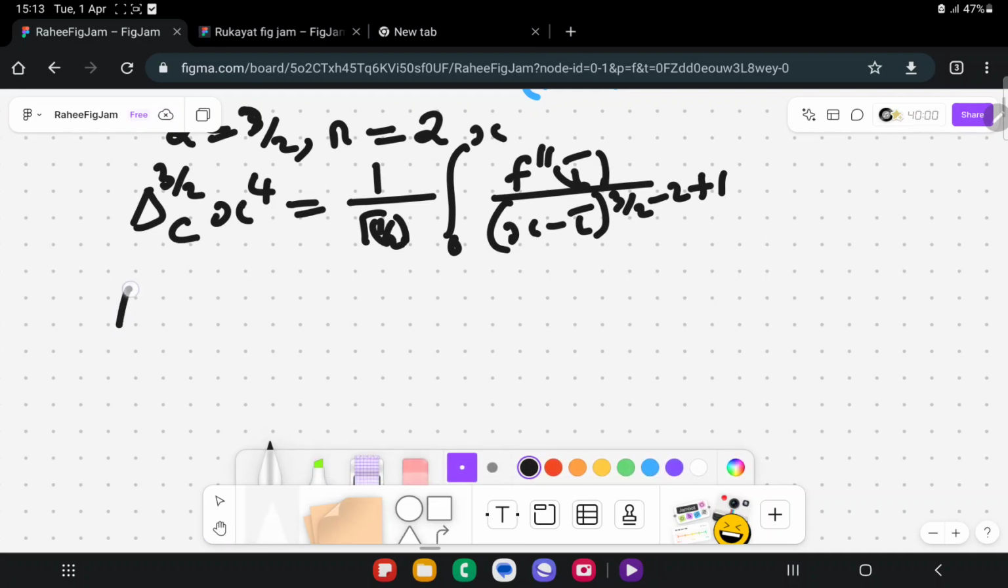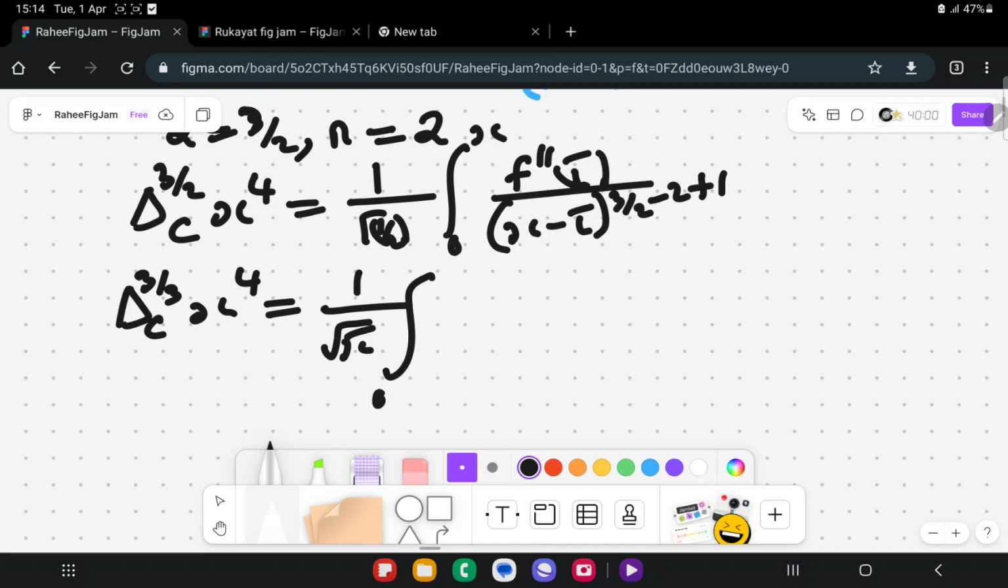Now we have, writing the same thing, x raised to power 4 is equal to 1 all over gamma of half, which is equal to the square root of pi. We have done this over and over again. So we have our integral from 0 to x of f double prime of tau.